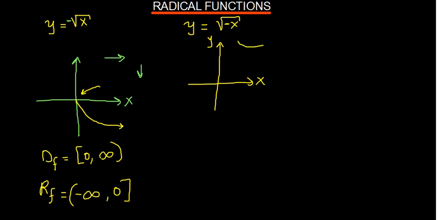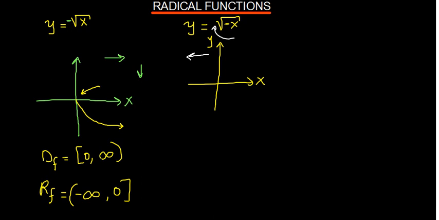Now you can see that x inside is negative, meaning that this function is going to be going towards the negative values of x. But you can see that there's no negative outside, meaning that the function itself is positive. Since the function is positive, it will be going towards positive values of y. So this function is going to be going up.